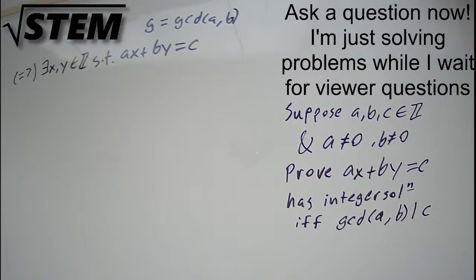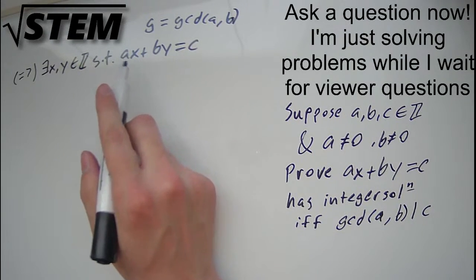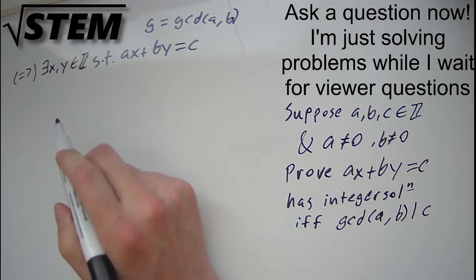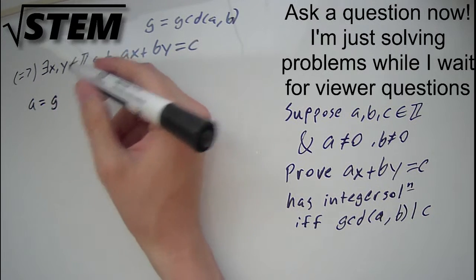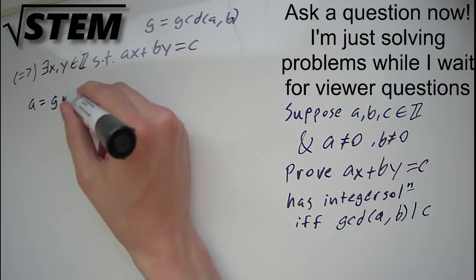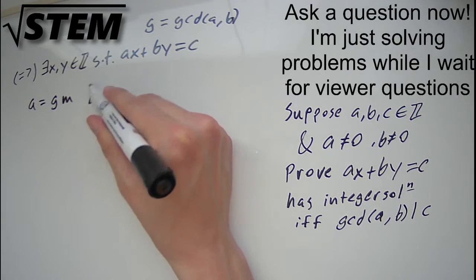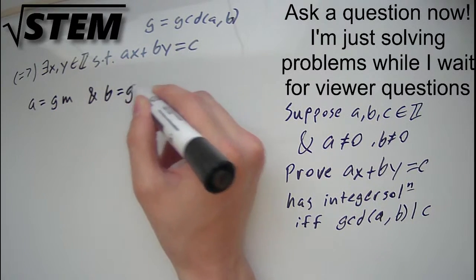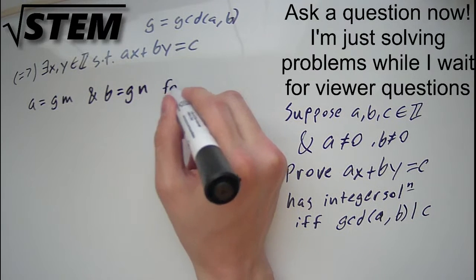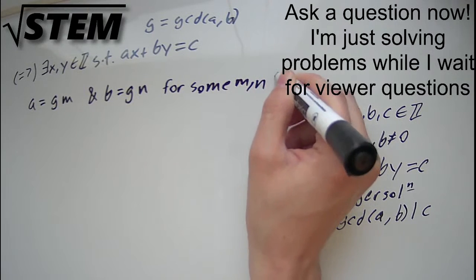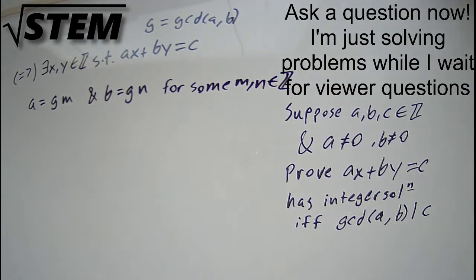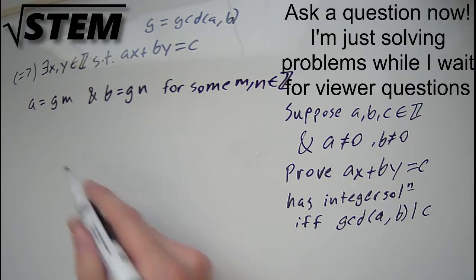Okay. So if G is the greatest common divisor of A and B, that means that A equals G times M and B equals G times N for some integers M and N. So we can use that to rewrite this equation.